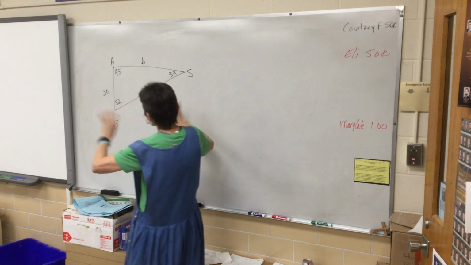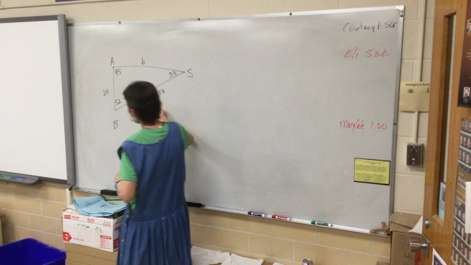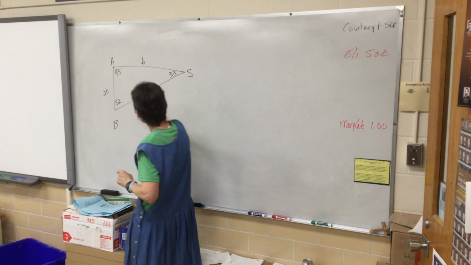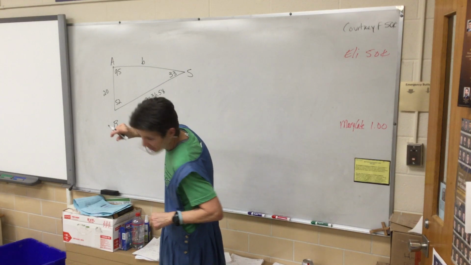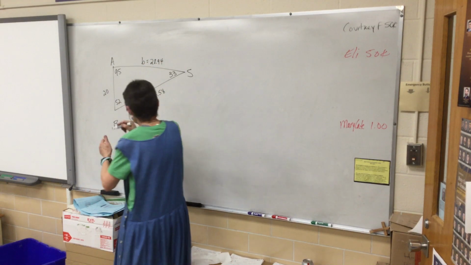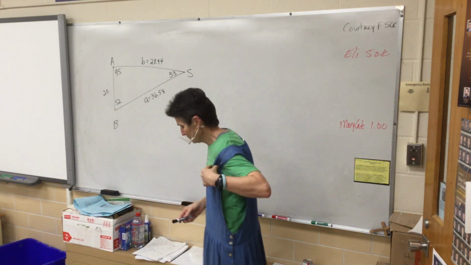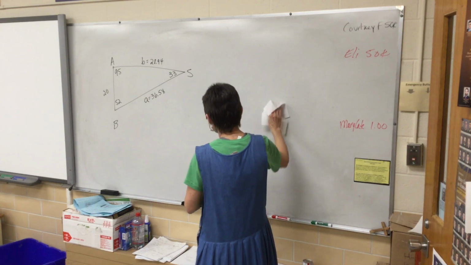Well, wait, okay, so the one across from side A, or across from the 95, is 36.58, and what's the other one? 28.94. Beautiful. All right, so right there, that was a little quiz, and you all did it perfectly, so that's good.